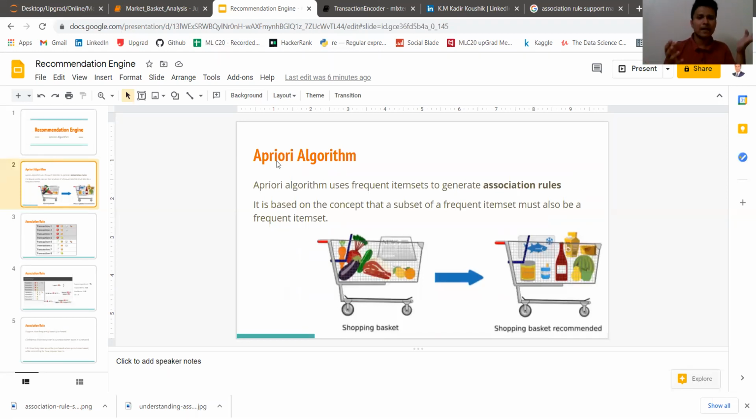For example, milk and bread, or meat and spices. You see that people who are buying meat are also likely to buy spice, right? So definitely, if you have a super shop, you would like to keep the spice section behind the meat section. That's a very normal, very understandable recommendation.